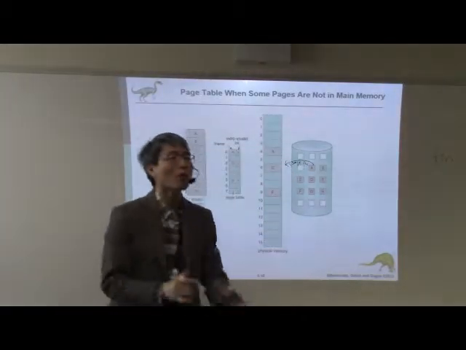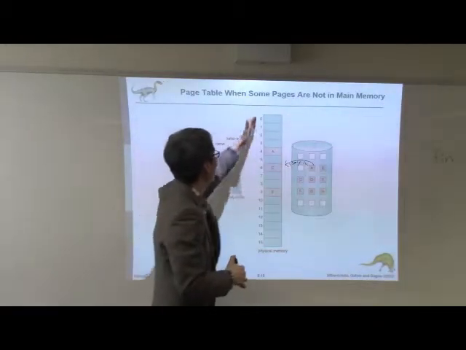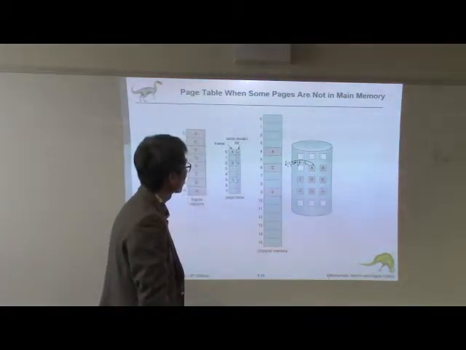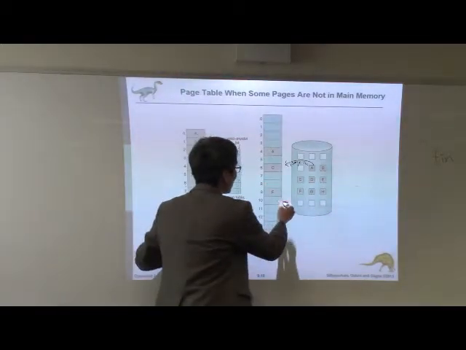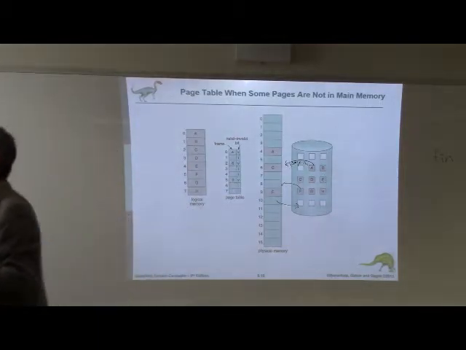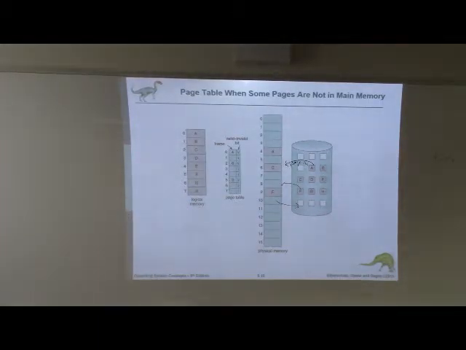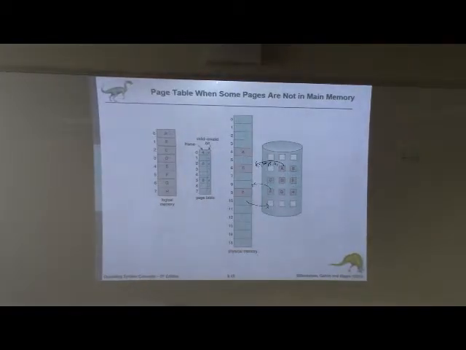Also, it may be all occupied, full of pages, so there's no space at that time. We need to take a page out and bring the page in, both of them IO. It takes time. Handling such cases is called a page fault.